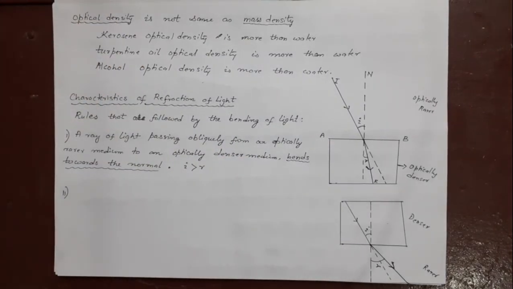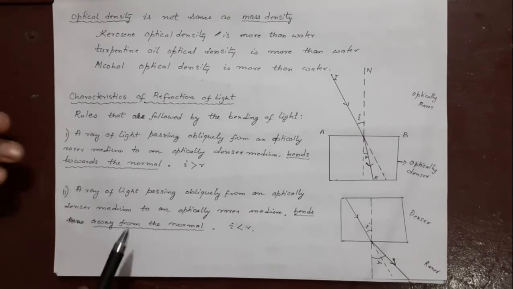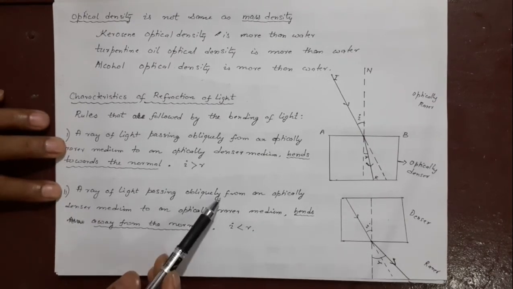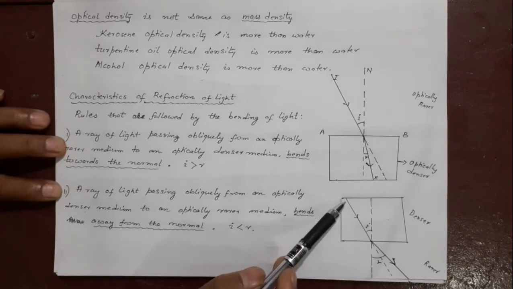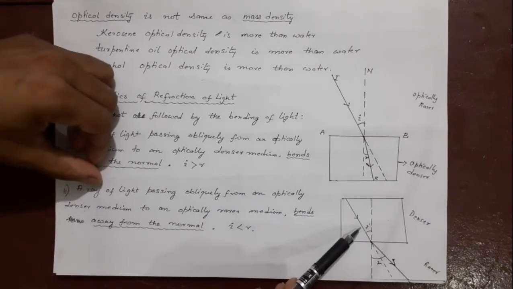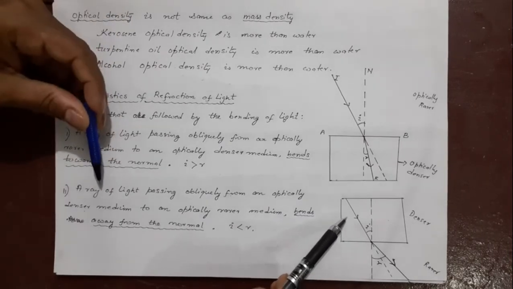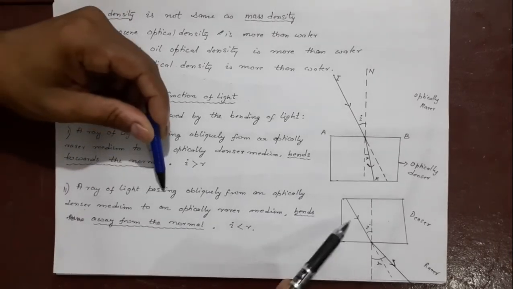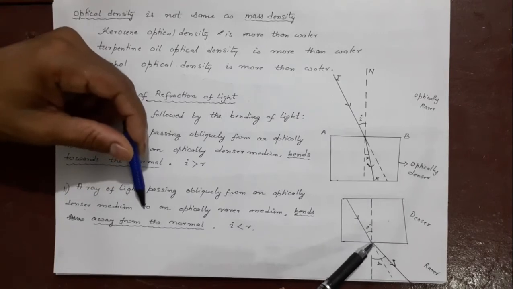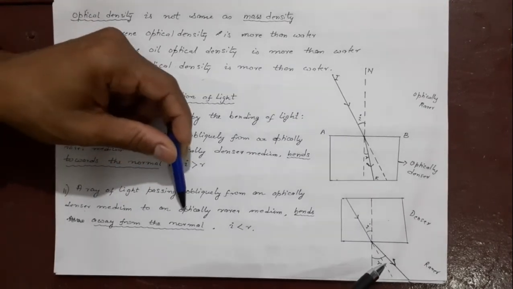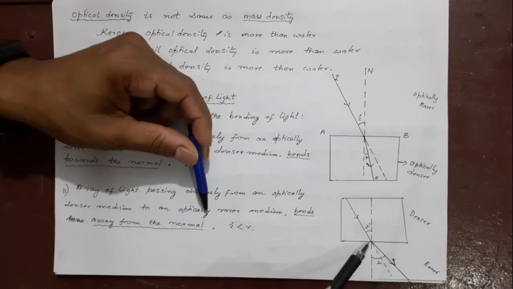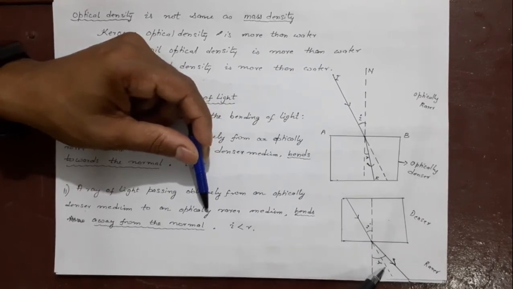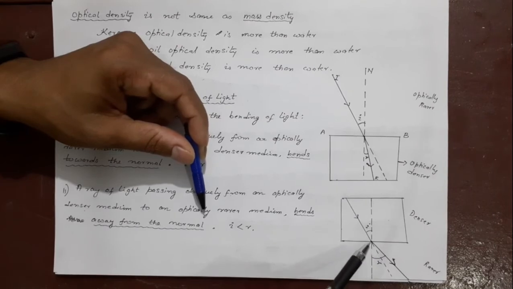Two rules, very important. In the statement, look here: a ray of light passing obliquely from an optically denser medium to an optically rarer medium bends away from the normal.